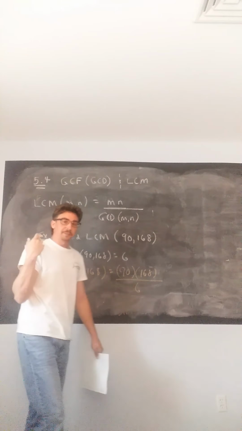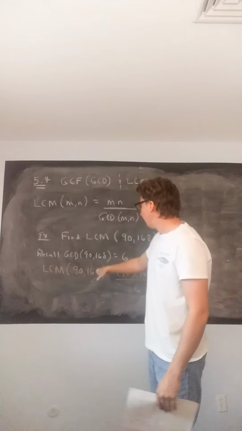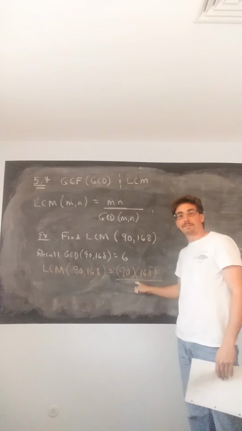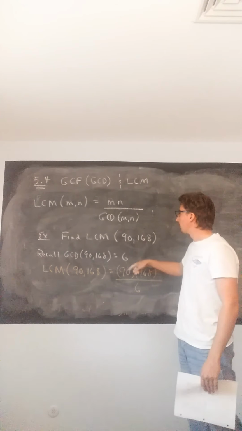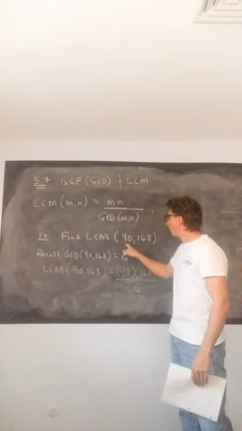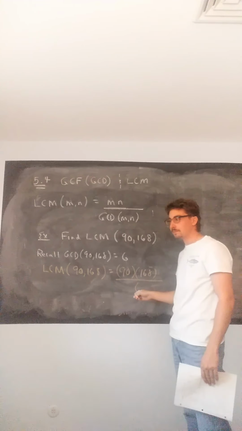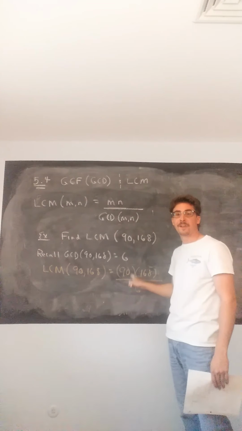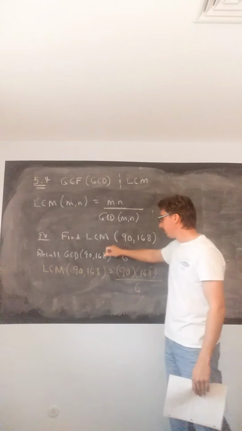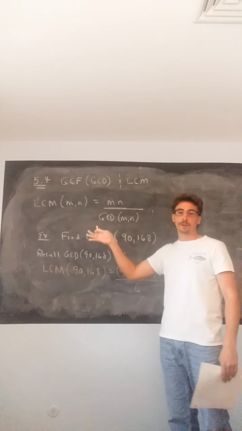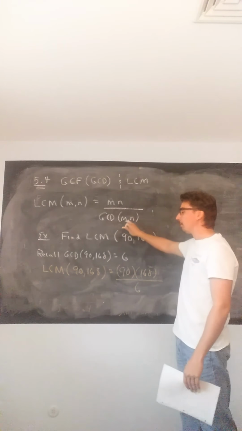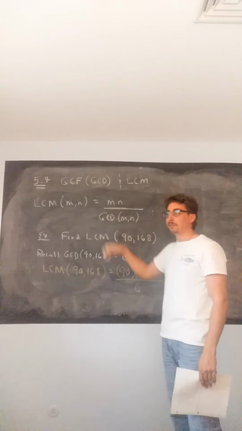Now, rule of thumb with this type of thing is that if you end up getting a fractional answer, you've done something wrong either here or with finding the GCD, because we'll always get some kind of whole number out. So if you end up getting a fraction here, something has been done wrong in one of the previous steps, and that's a warning or a red flag for you to go back and check out what happened previously.